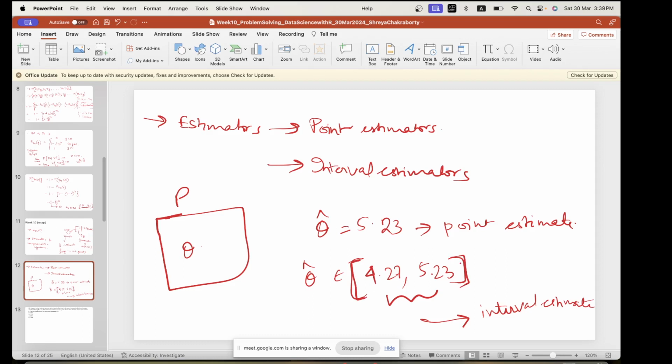This is how we phrase it: theta is contained, not that theta lies between, between this lower bound and this upper bound. If we specify such intervals, then these are the interval estimators.